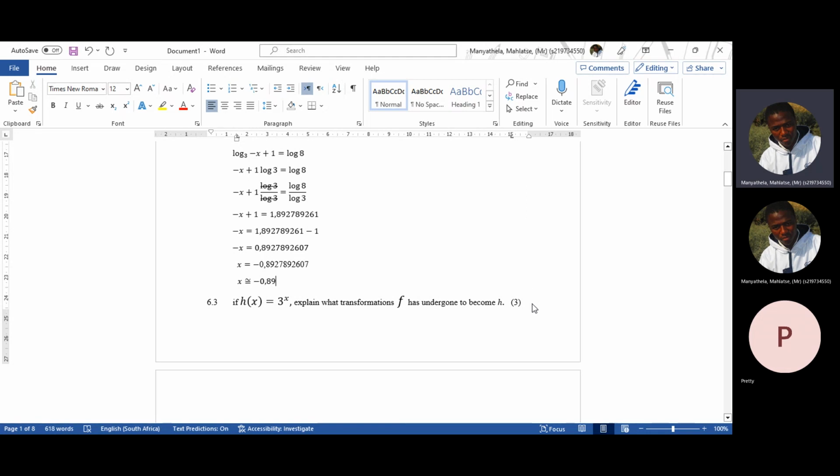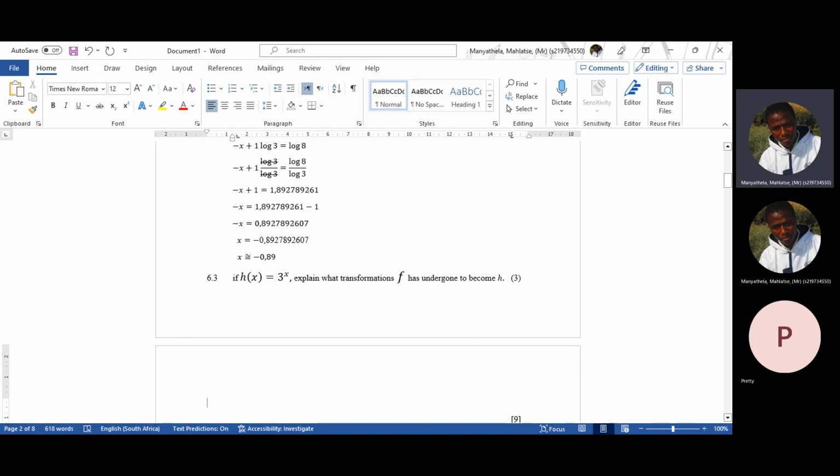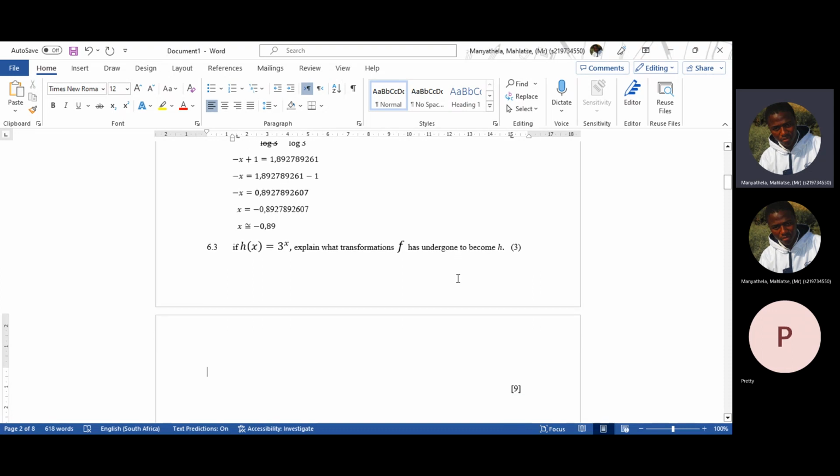So the second question says, if h of x equals 3 to the exponent x, explain what transformations f has undergone to become h.